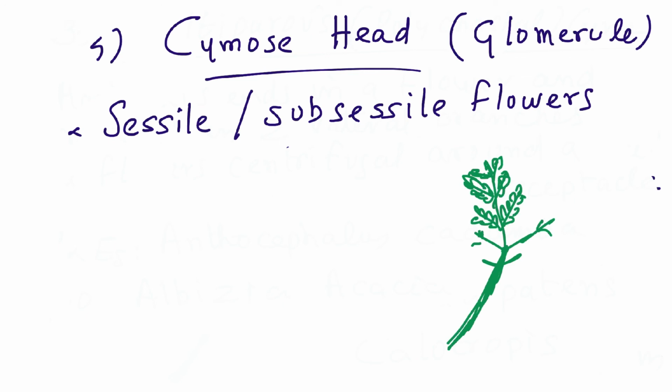And as far as acacia or kikar is concerned, you also have spines coming out at the junction where you have the inflorescence. So that's a key point about the Cymose type of inflorescence. The mention of spines is unique to kikar, so basically it isn't a general point.